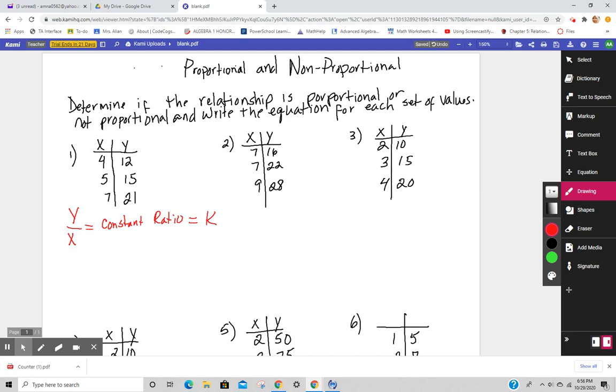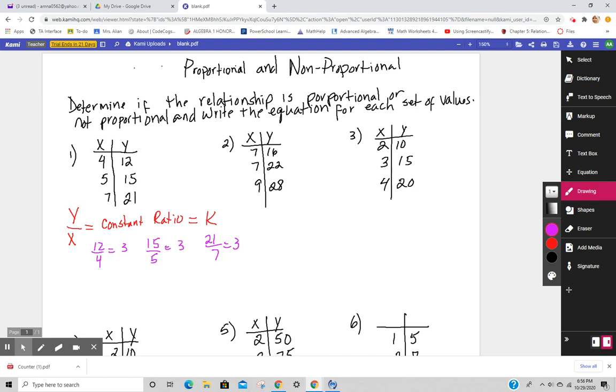So 12 divided by 4 equals 3. 15 divided by 5 equals 3. 21 divided by 7 equals 3.